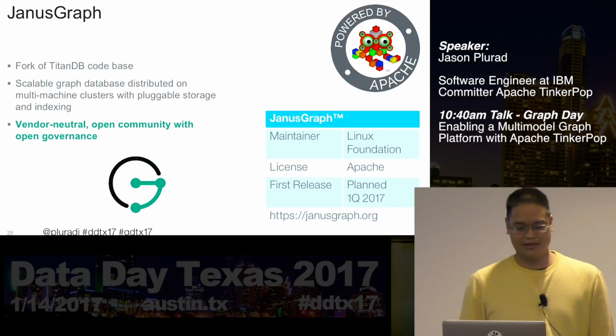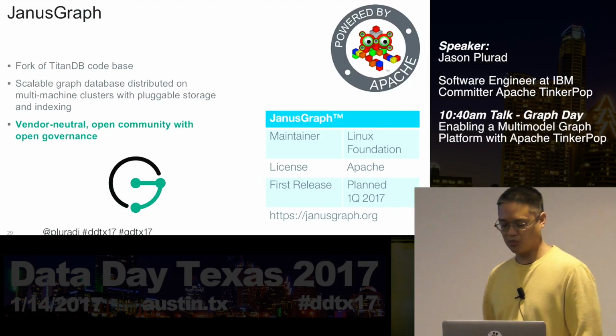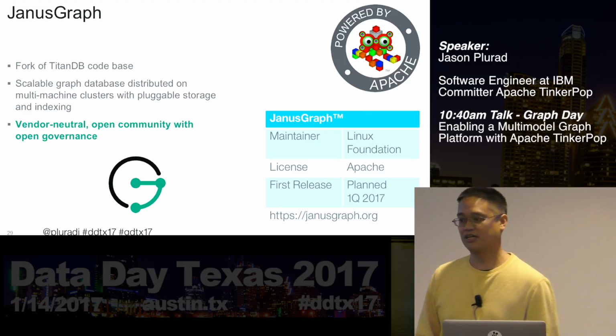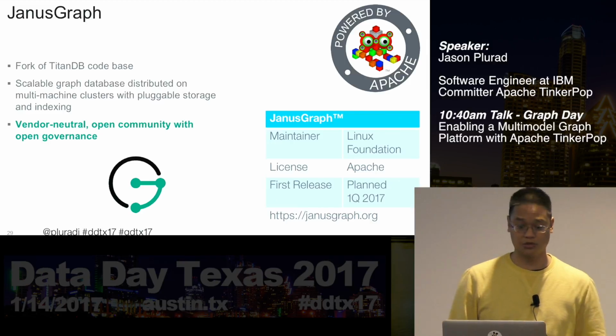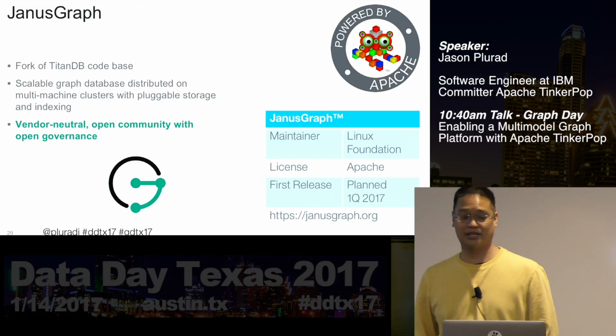So we were able to find other people who were interested in supporting Titan to continue on in an open fashion with a vendor-neutral community. So IBM, together with Expero, Grakn.AI, Hortonworks, Google, we worked with the Linux Foundation to create Janus Graph, and it was announced on Thursday.